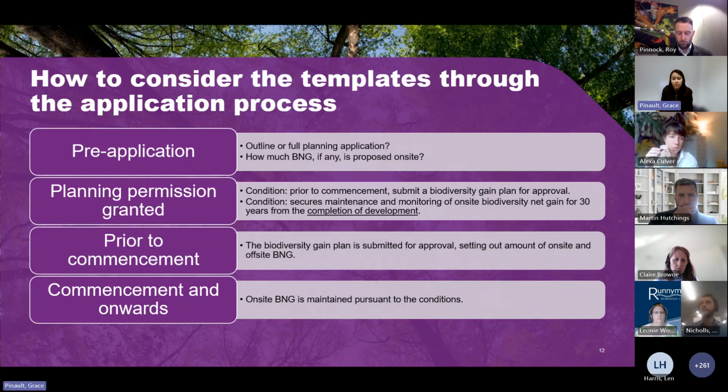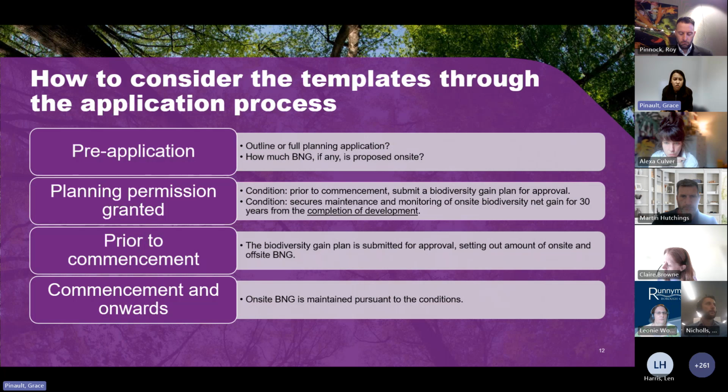Now, that biodiversity gain plan is informative. It sets out what the strategy is for achieving a 10% biodiversity net gain. So it will set out a quantum for how much is going to be delivered on site, how much, if any, will be off site, the reference numbers for the gain site register for where those offsite units are coming from. It's going to say whether or not the development has complied with the mitigation hierarchy.